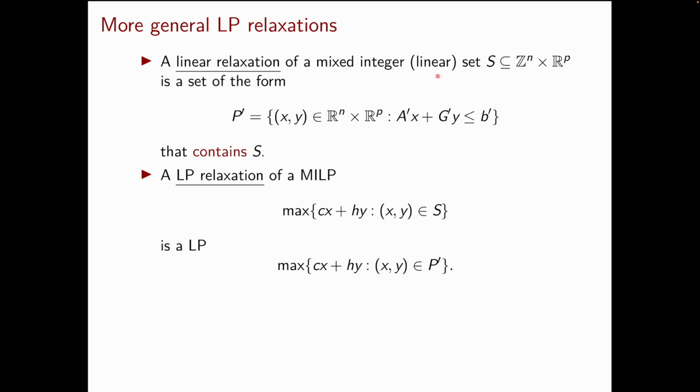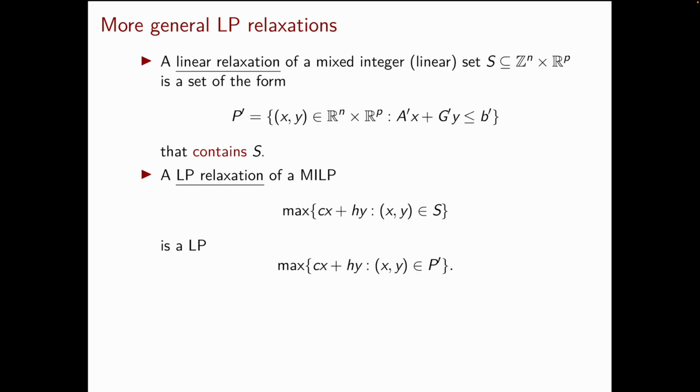Given a mixed integer linear set S, we say that P' is a linear relaxation of S if P' is a set described by linear inequality constraints only, and that contains the set S. Then, if we look at an integer program with feasible region S, a linear programming relaxation of this integer program is simply obtained by replacing the feasible region S with the polyhedron P'.